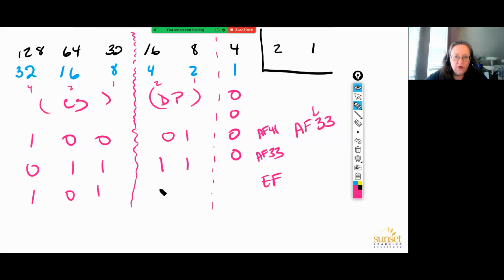And while normally a high number here would be a high drop probability, for some reason, and you'd have to ask the engineers, I have no idea why they did that, but they did, EF is a 1, 1 here. Even though that would normally be like 53, and that means high drop probability, it just isn't. For expedited forwarding, it's a special case. That's one of those things you just sort of have to remember.